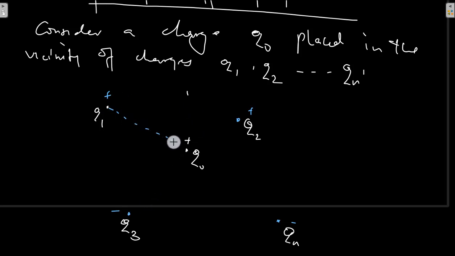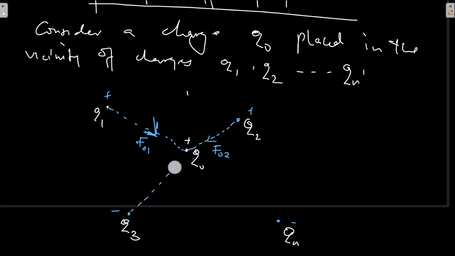The electrostatic force between Q0 and Q1 is going to be a repulsive one. So the force on Q0 due to Q1 is a force of repulsion. Between Q2 and Q0, the force is going to be repulsive too. So this is the force on Q0 due to Q2.